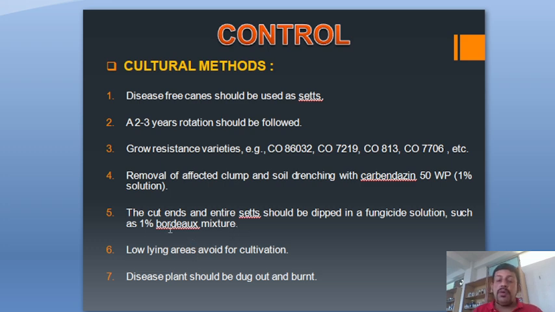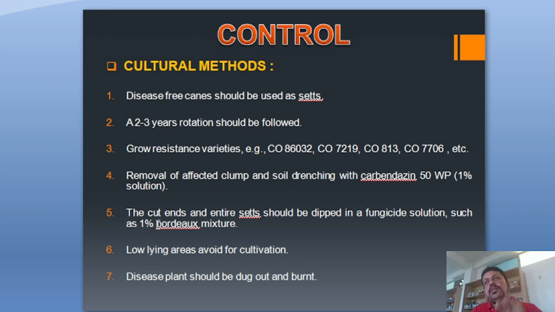Most importantly, we have to follow the concentration. If the concentration is more, it can go into the tissue of the sugarcane, which will be consumed by us, and it could be a major cause of our health hazards. So every time we use any type of fungicide, we have to be very clear that the concentration has to be maintained.